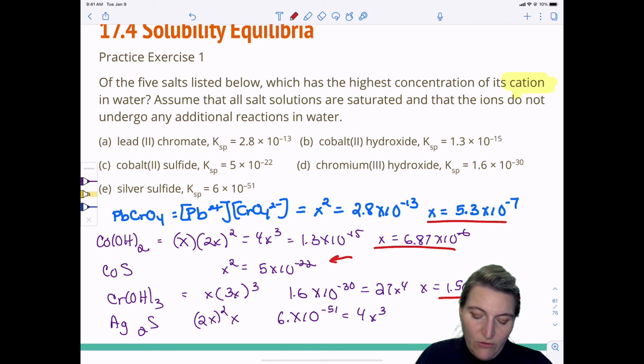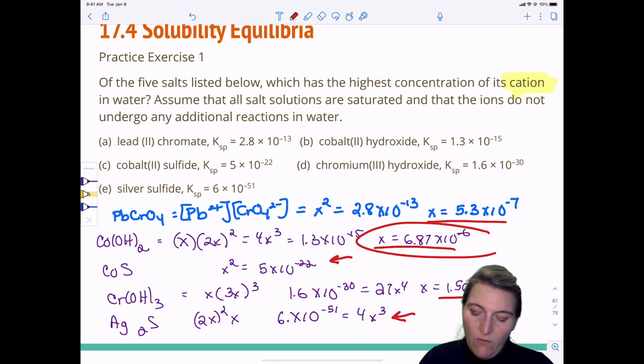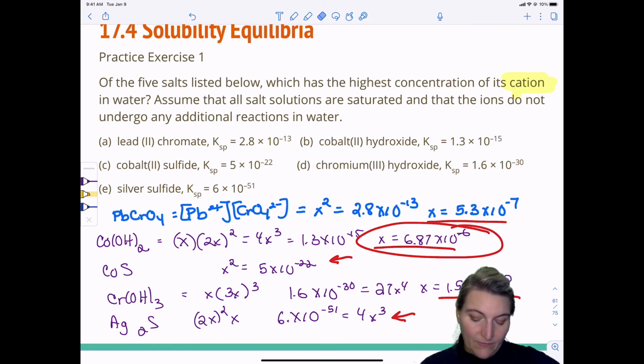I didn't even do them for these two, because just in my head, looking at 5 times 10 to the negative 22, taking the square root of that, I know it's going to be something times 10 to the negative 11. It's going to be much smaller than the ones that I already have. And so of the ones that I did, 6.87 times 10 to the negative 6 is the largest, and that is for the cobalt 2 hydroxide.